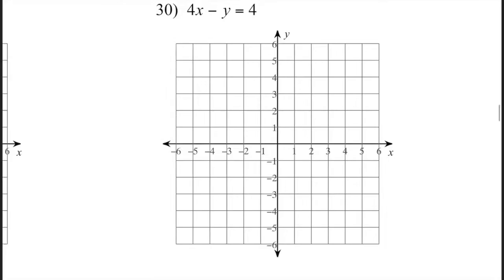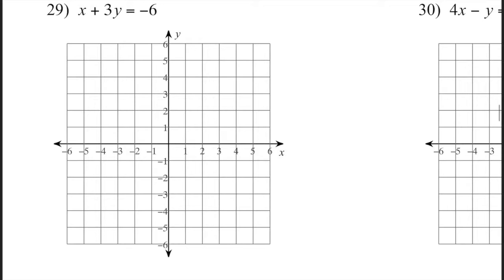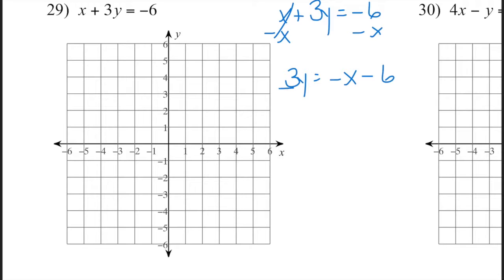A couple more. We're looking at number 29 here. I've got x plus 3y equals negative 6. I'm going to subtract x on both sides, so 3y equals negative x minus 6. Divide everything by 3. y equals, this is a negative 1, so we have negative 1/3 x.